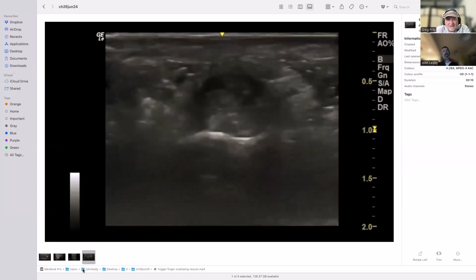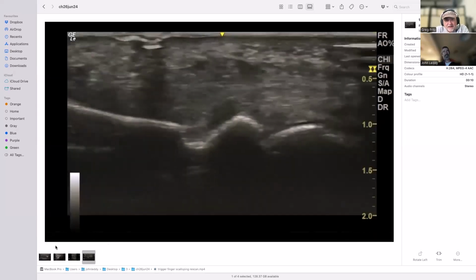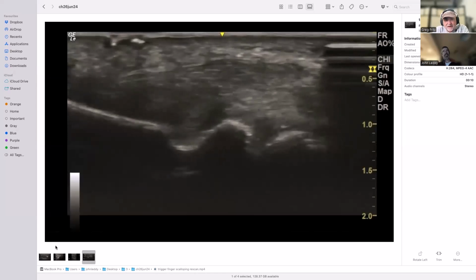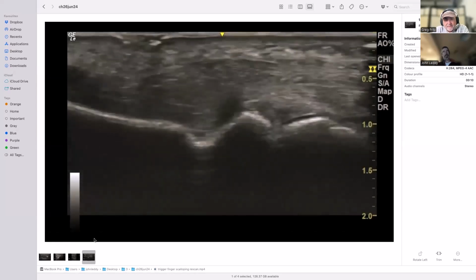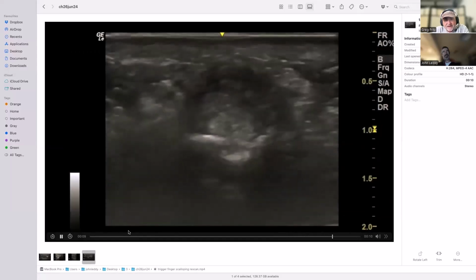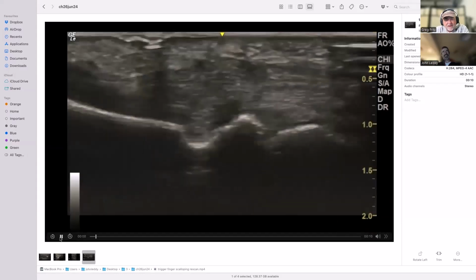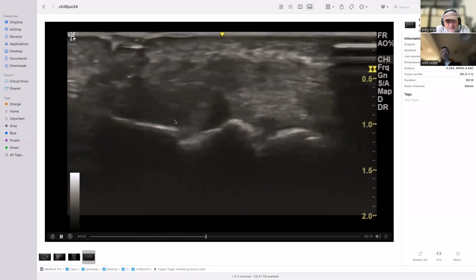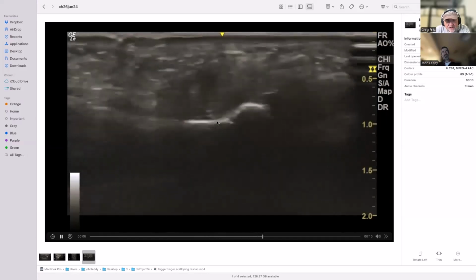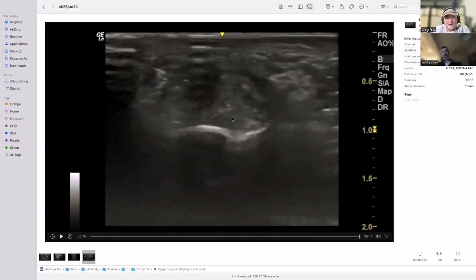So this is just an odd case. This looks like a finger flexor where the chiasm of Camper has the profundus and superficialis coming through. Yeah. But is a nodule within the superficialis? No, within the deep one. Oh, the profundus.